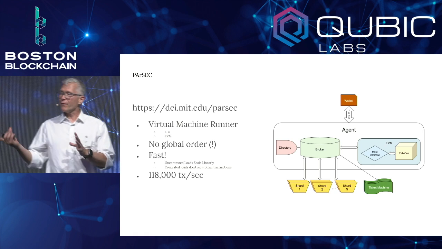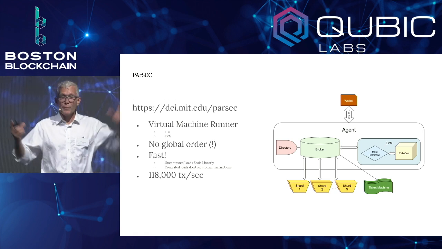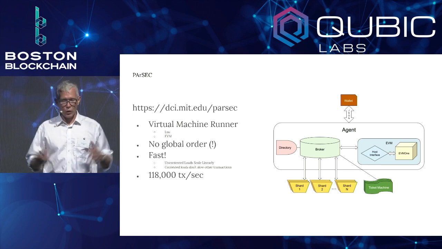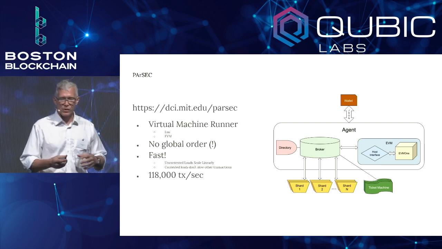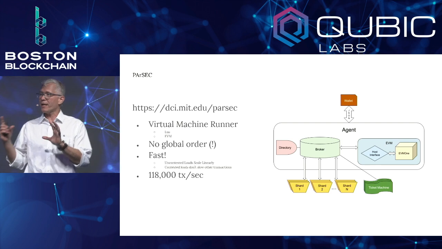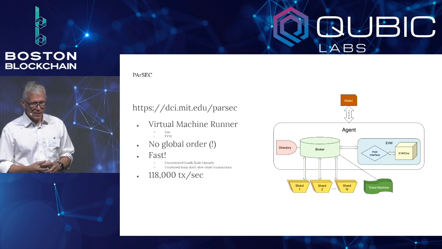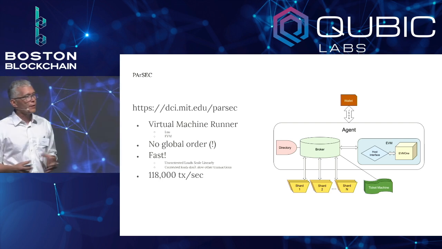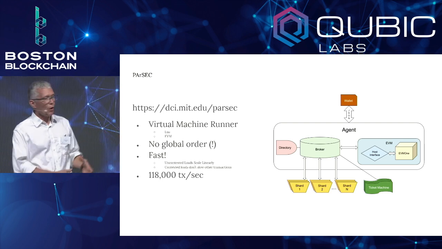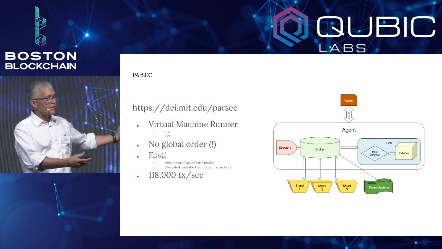So you can run any virtual machine, right? So we picked the EVM. Why not, right? It also runs Lua, and you can do other things as well. You can literally run any VM. You could do x86 if you wanted. But we stuck with the Ethereum virtual machine. Turns out there are all these contracts that are already written.